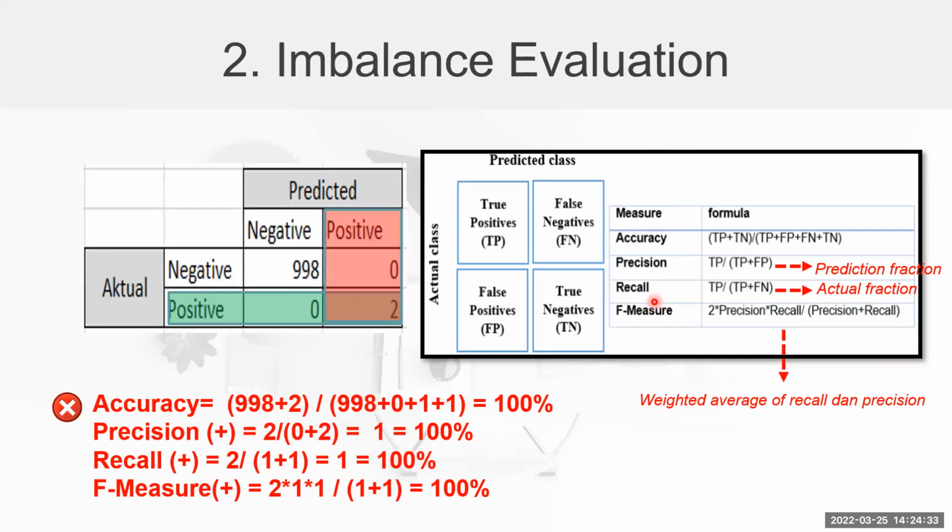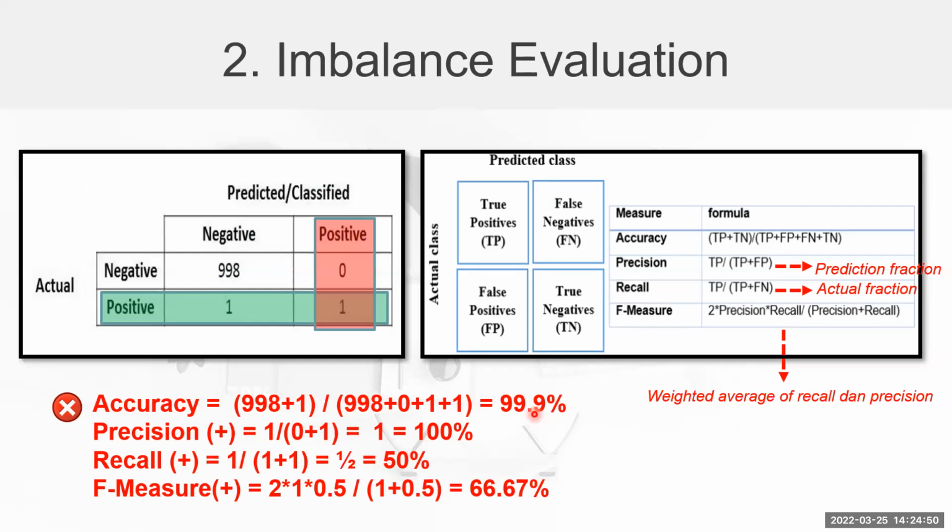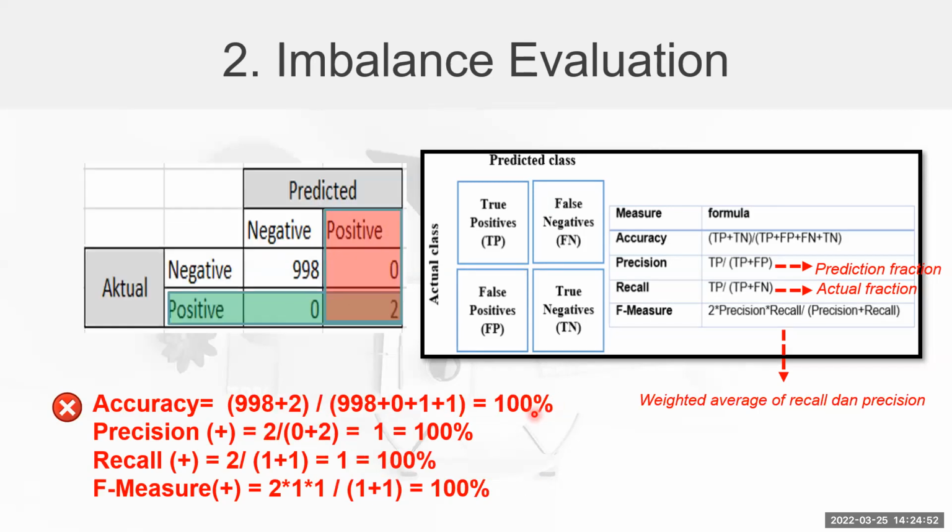How about this? It is the ideal model. We can see that for negative, the accuracy is 100%. It is a little different from before. But for the minority class, the model can predict 100% of those cases.